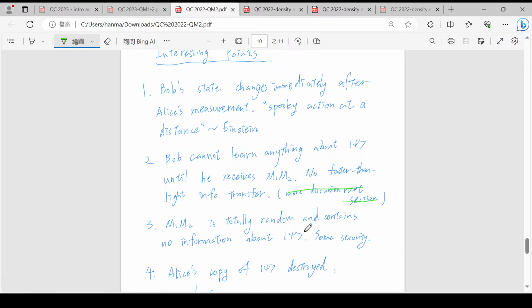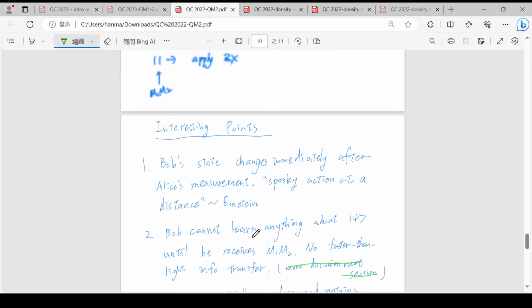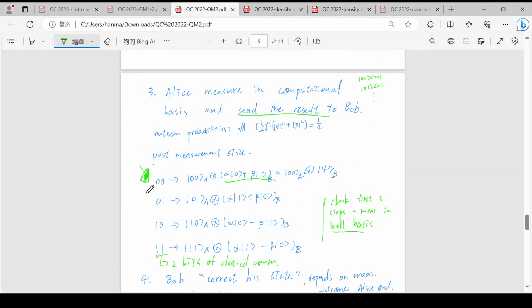Now let's think more about how the information is distributed. This is a really interesting state. After Alice does a measurement but before she sends the information to Bob, Bob doesn't know anything about psi, alpha, or beta.